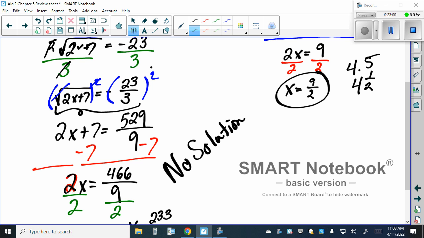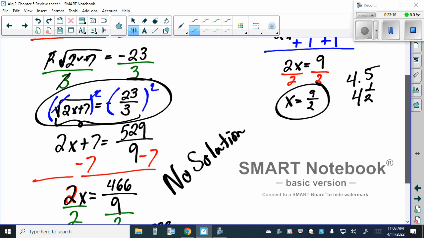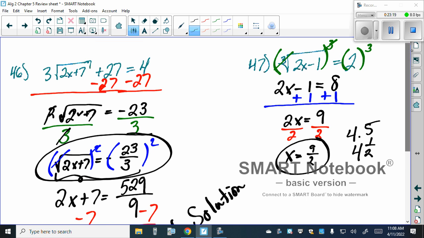So the fact that at this step here, the square root of 2x plus 7 equals negative 23 over 3 is an automatic giveaway that this doesn't work. That this is not going to give us an answer that works. Because if we plugged it back in, we wouldn't actually get 4, we would get 31, most likely. This won't work in the original problem. So it doesn't work out for us here.